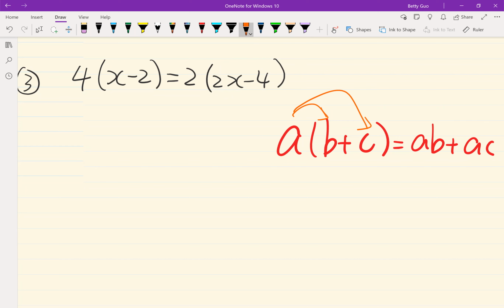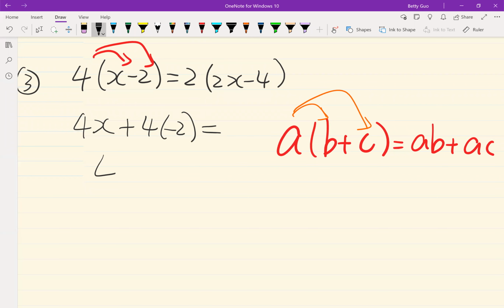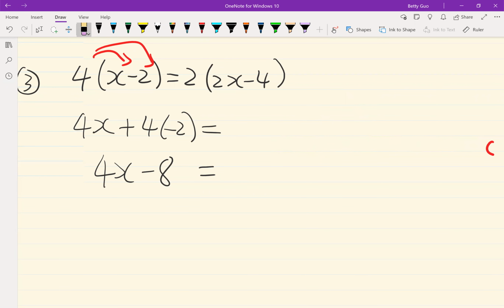Look at this problem. Left-hand side, if we apply the distributive property, look at it here. 4 times x plus 4 times negative 2, right? Correct? That is 4x minus 8, correct? That's the left-hand side.